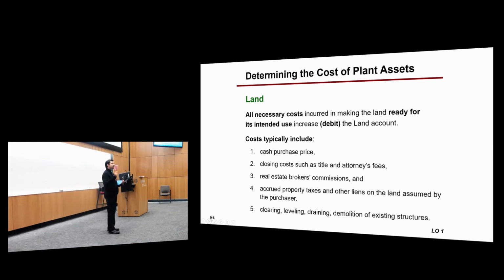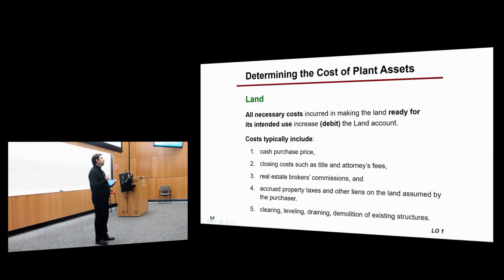Cutting the trees will be included as part of the cost. If there was some kind of a building that you need to demolish and remove, that will be included in the cost of the land. Any brokerage fees, any lawyers, for example, if the lawyers charge you any amount, this is all included in the cost. Any closing fees, etc.